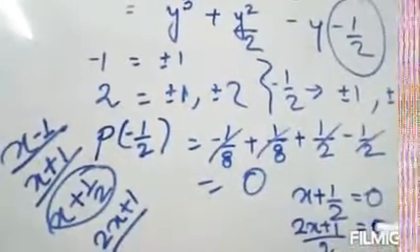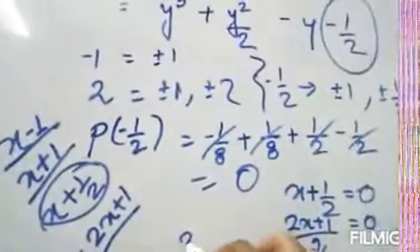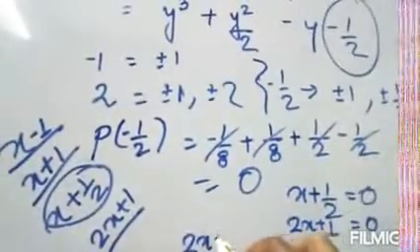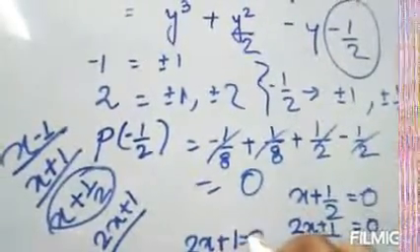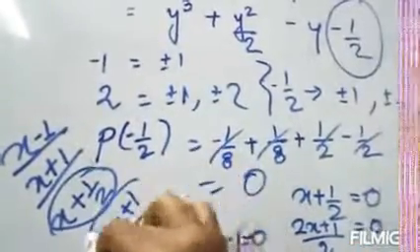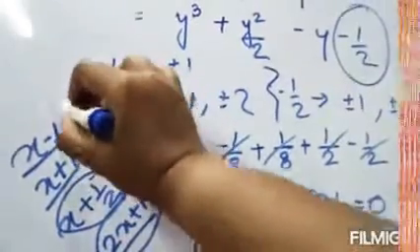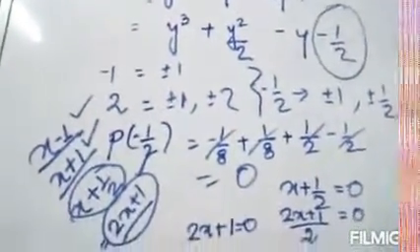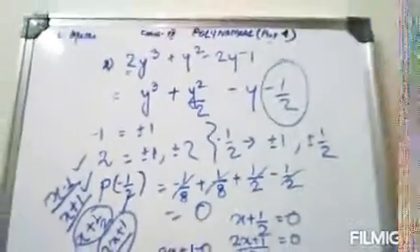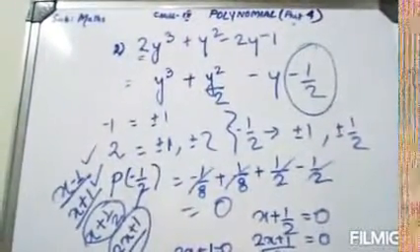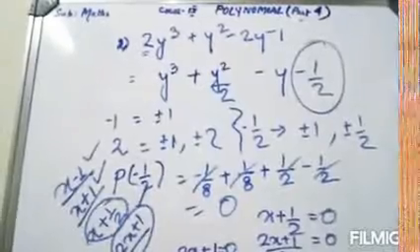Now when 2 is multiplied by 0, what remains? 2x plus 1 is equal to 0. So we got 3 factors: x minus 1, x plus 1 and 2x plus 1. Understood? This is how we solve for a cubic polynomial.